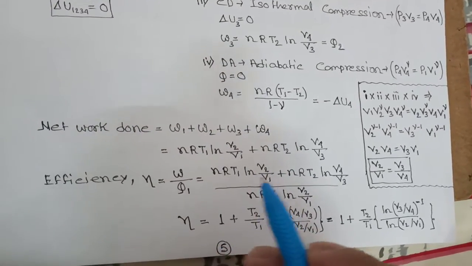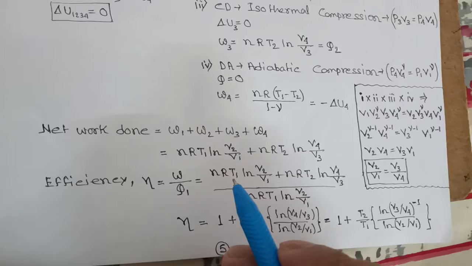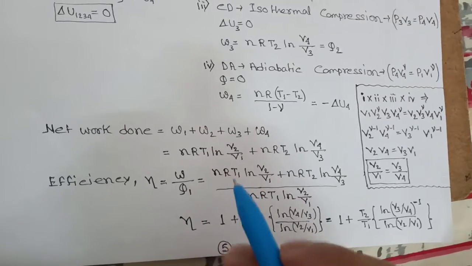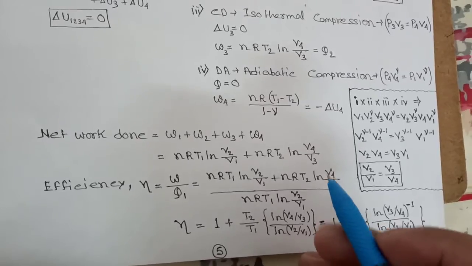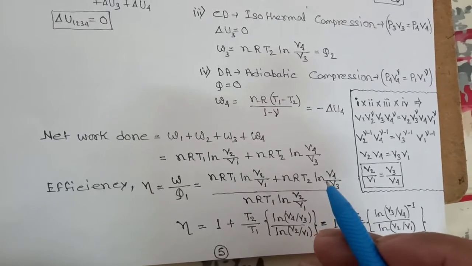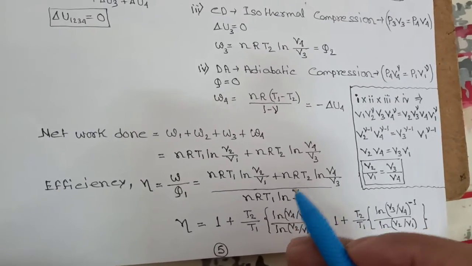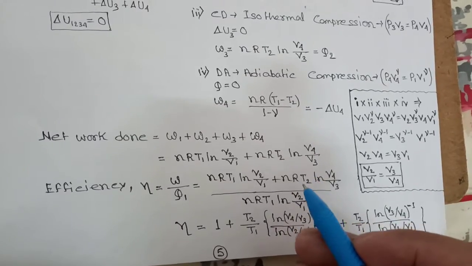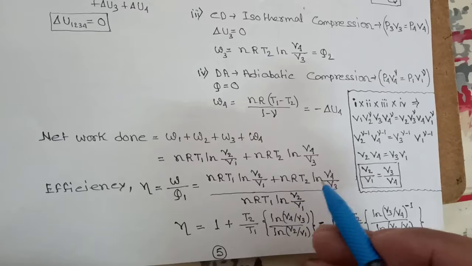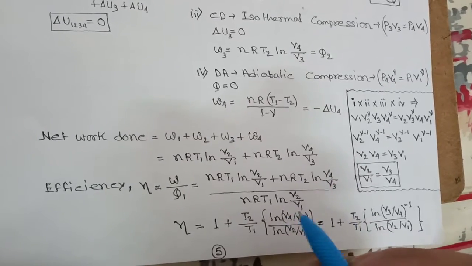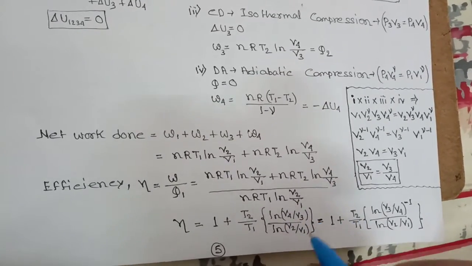If you divide nR T1 ln V2 by V1 by itself, these will cancel out and one will be left. Here we have nR T2 ln V4 by V3 divided by nR T1 ln V2 by V1. So nR and nR will cancel out, T2 will be above, T1 will be below, and ln V4 by V3 will be above and ln V2 by V1 below.